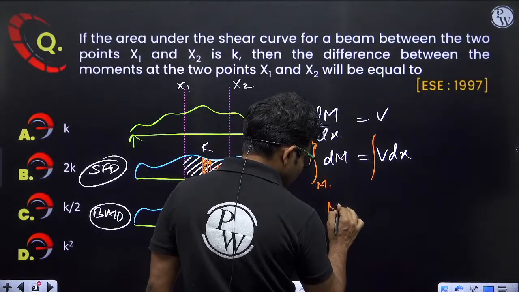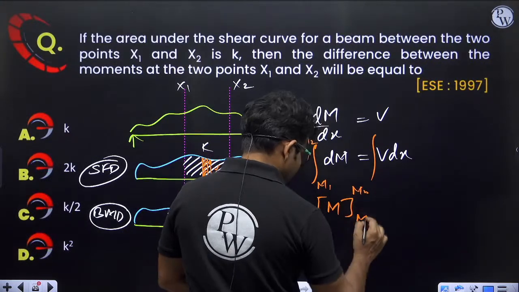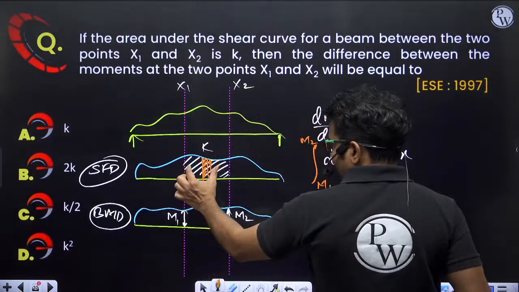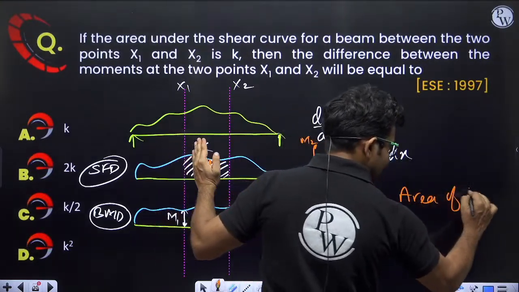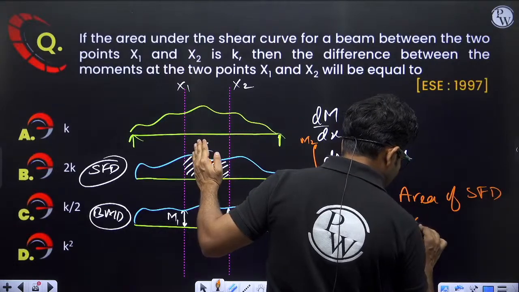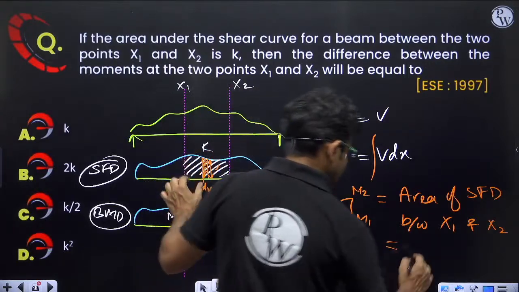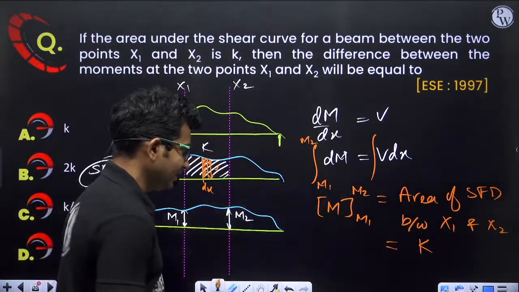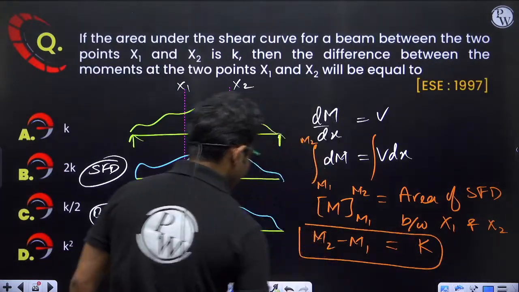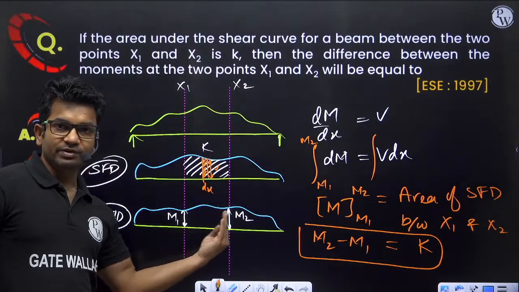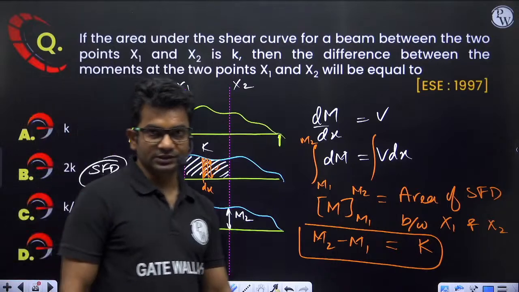So integration of bending moment is M, varying from m1 to m2, and here it will be area of SFD between x1 and x2, and that will be equal to k. It is given in the question, and here I am getting m2 minus m1. That means the change in bending moment between these 2 points is equal to the area of shear force diagram between these 2 points.